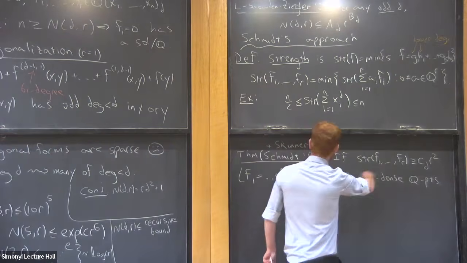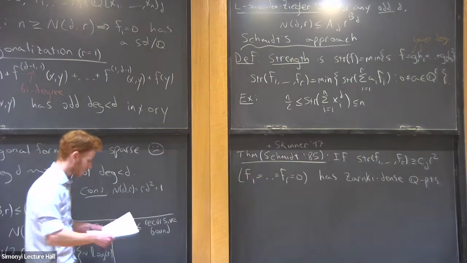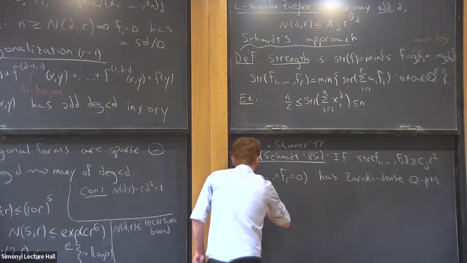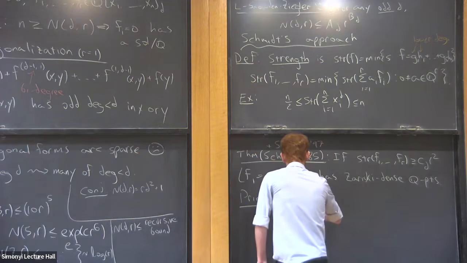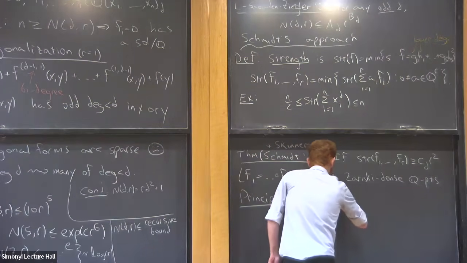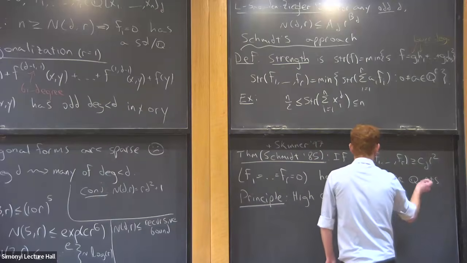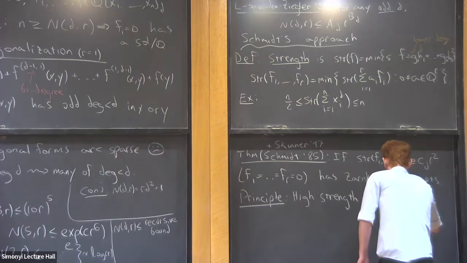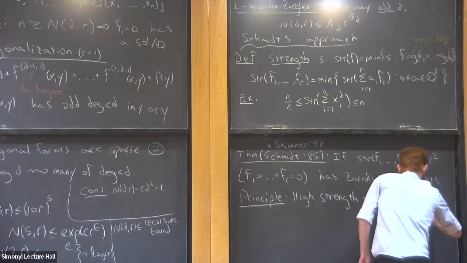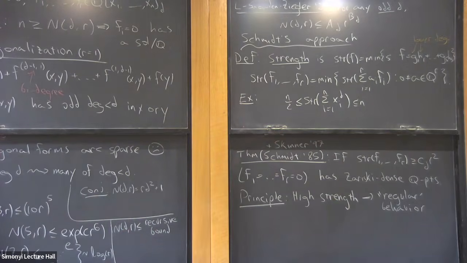Right. So this theorem of Schmidt fits into a more general framework of subsequent theorems, where the general principle is that if you have polynomials of high strength, then they exhibit regular behavior, or they behave like you would expect from a random polynomial. And this has a bit of a funny history.